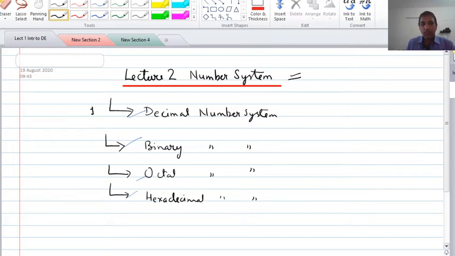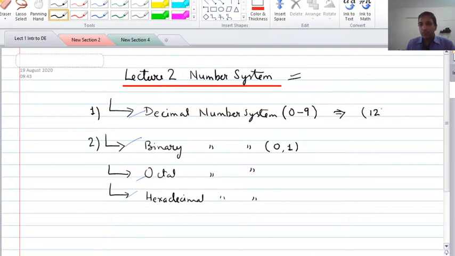First is the decimal number system, in which the digits 0 to 9 are used to form any number. Whereas in the binary number system, we can use only 0 and 1 to represent any number.